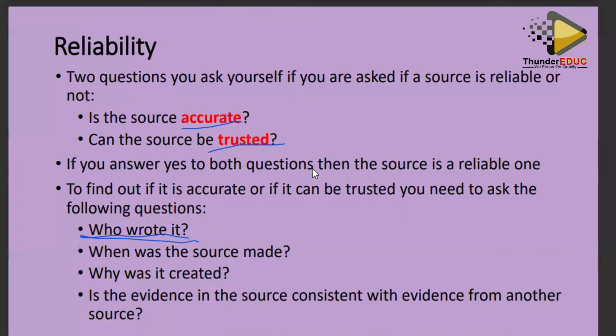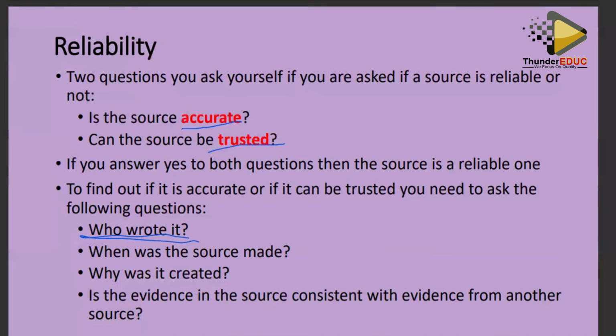People who have been studying history, who are specialists in history, we know they have got knowledge in the field of history. So whichever source that was written by a historian, maybe you find a source was written by a professor in the Department of History at the University of Cape Town. Right. That source is more reliable because it was written by someone in the field of history who is a specialist in the field of history, who has been in the field for long.